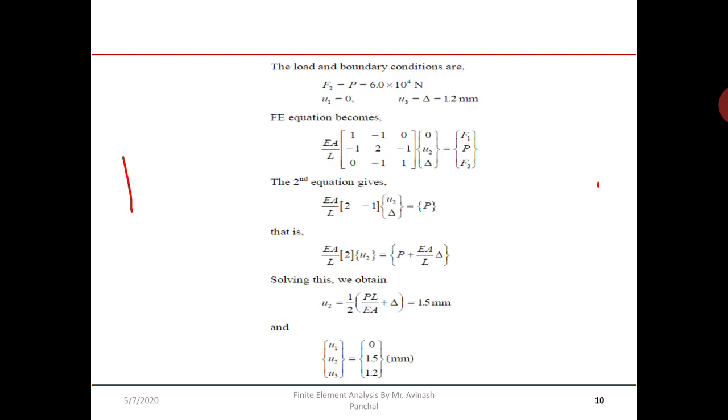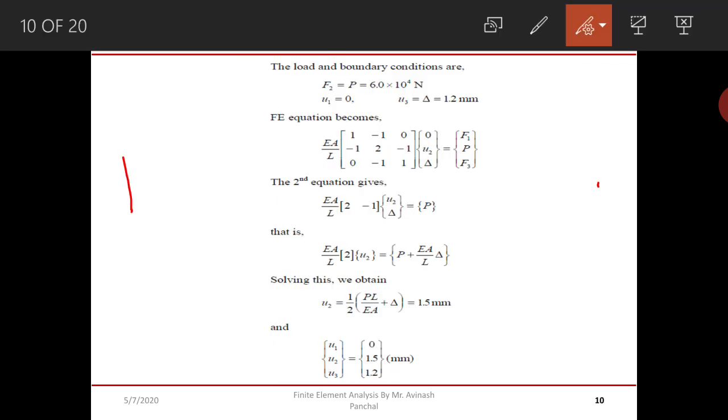slide. Here we can see the boundary conditions: force is applied at node number 2, so that is F2.